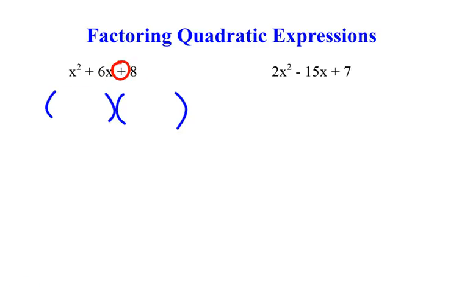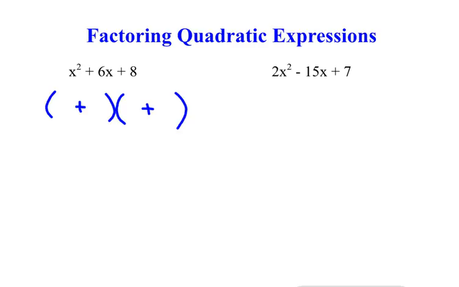If the second sign is positive, then whatever the first sign is, it goes in both binomials. Now we don't have it in our example here, but if the second sign were negative, it does not matter what the first sign is. You automatically have a plus and a minus in your binomials. Like plus and minus.